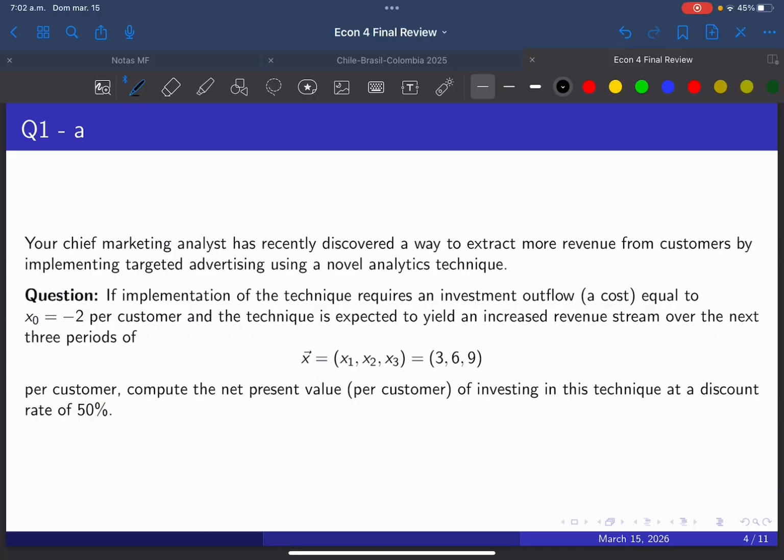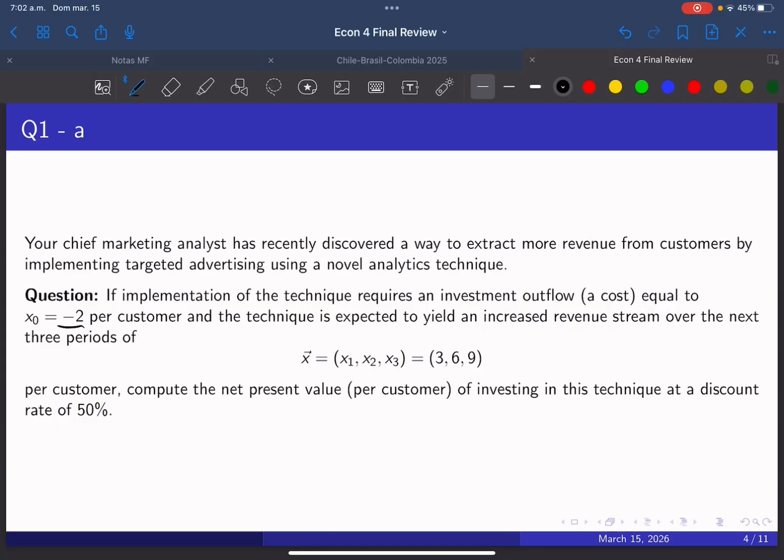So here's the first question. If implementation of the technique requires an investment outflow, so a cost, equal to $2 per customer, so it's negative because it's a cost, and the technique is expected to yield an increased revenue stream over the next 3 periods of the following.